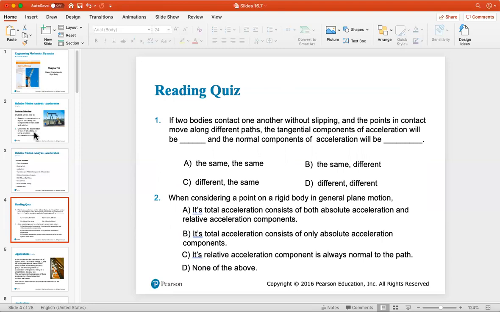If the two objects are moving without slipping, their tangential components of acceleration must be the same. So the first blank is they're the same. The normal components, on the other hand, don't have to be the same. In fact, if the paths of the points aren't the same, and they do have the same tangential accelerations, they must not have the same normal acceleration, because the total acceleration must be different for the two.